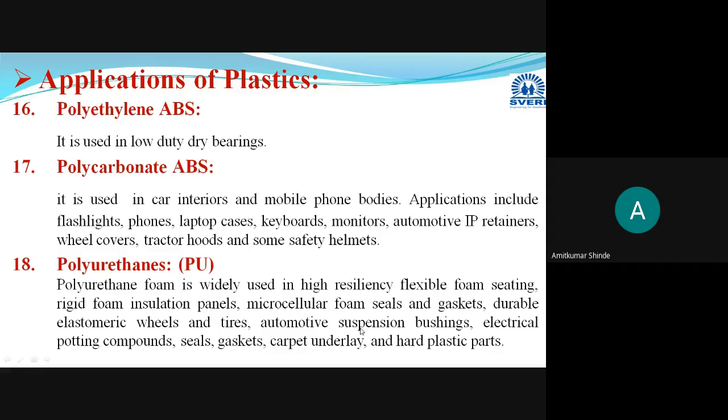Different components are there in the electrical field also. And simply that PU foam you will be able to see in mattresses, orthopedic mattresses or normal mattresses. This is nothing but polyurethane. In this way we have completed this application part.